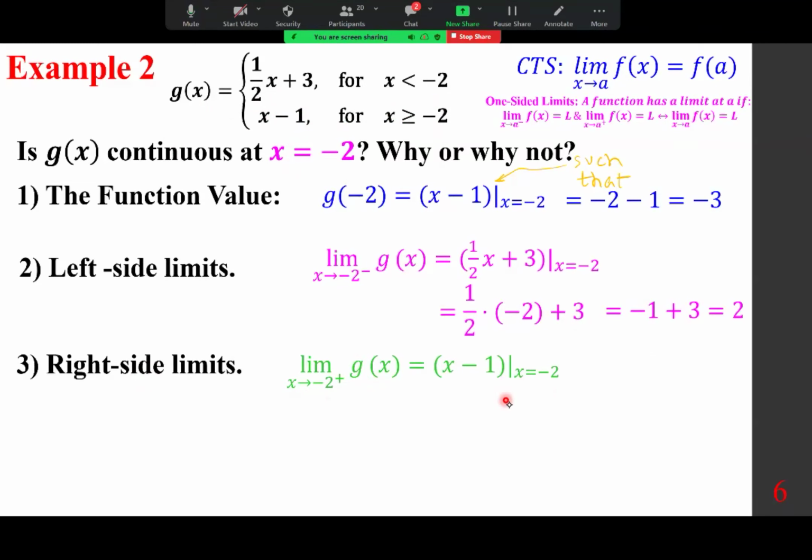Plug in, you get -3. So it's pretty straightforward, everybody.